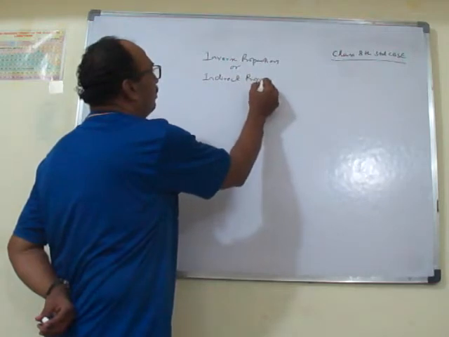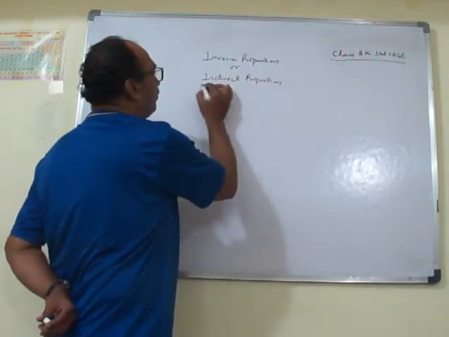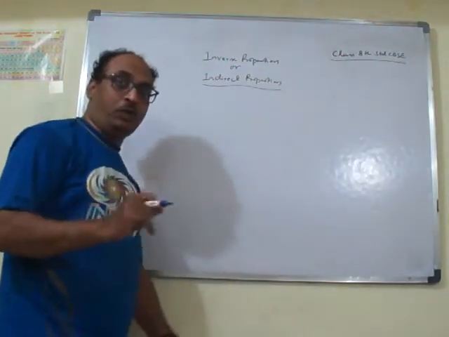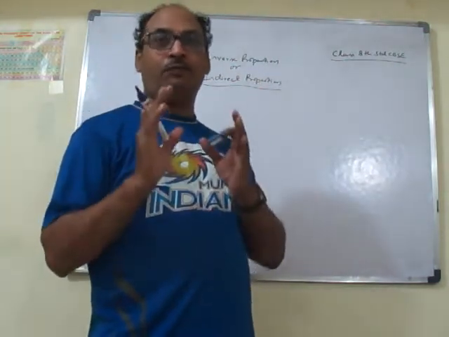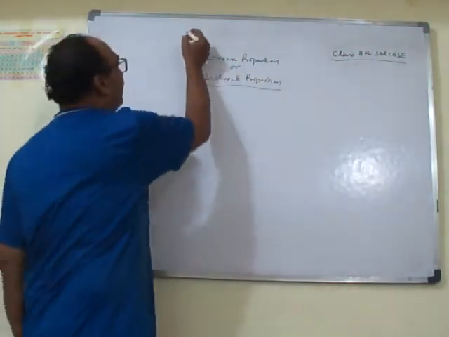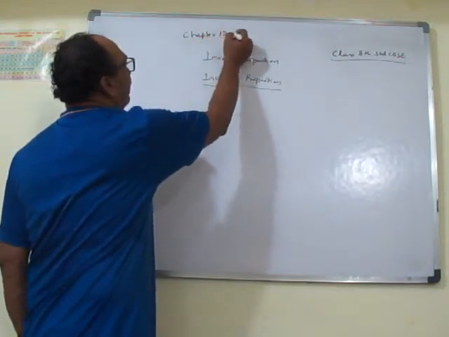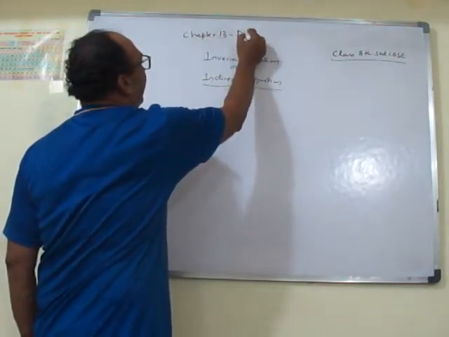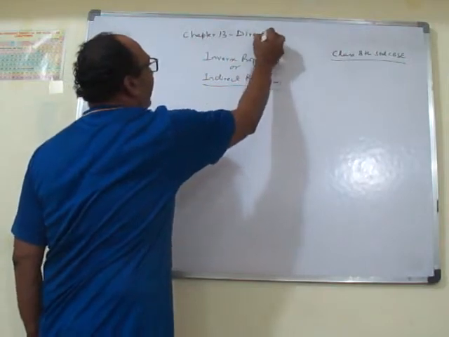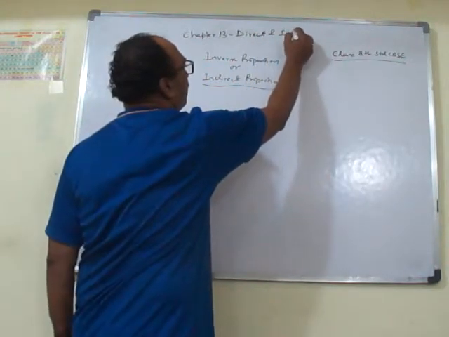This particular topic has come from chapter 13, that is direct and indirect proportion.